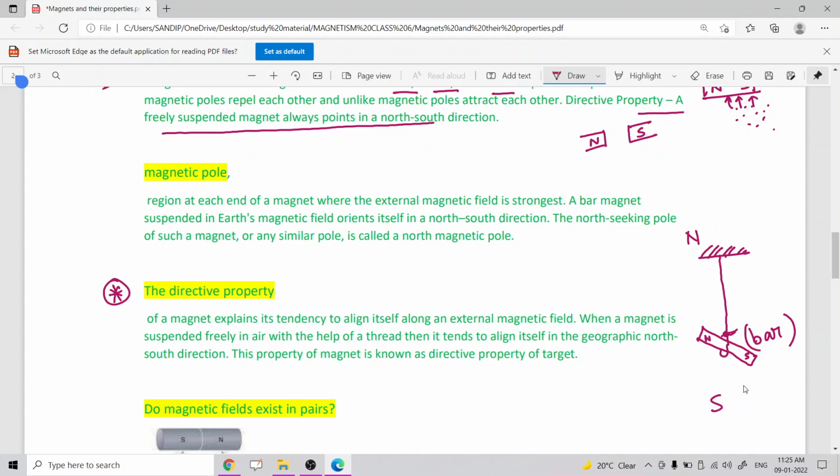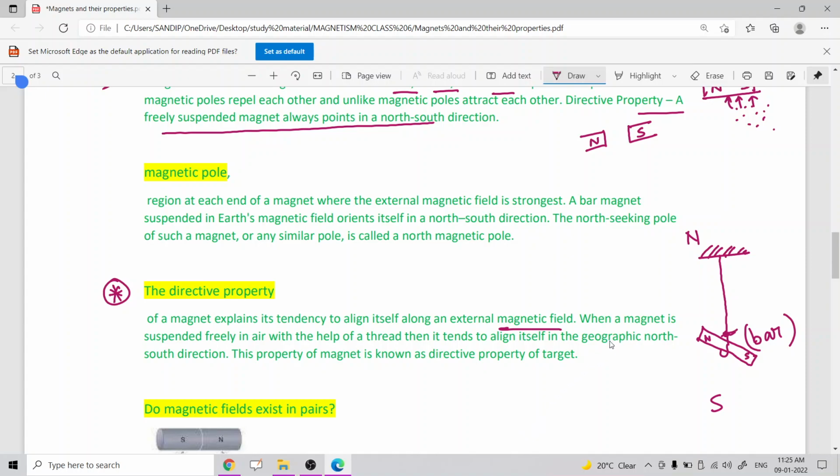So this is the directive property, because a magnet has a tendency to align itself along an external magnetic field. This magnetic field we can discuss later, in the next class. Here you just have to know about the property.